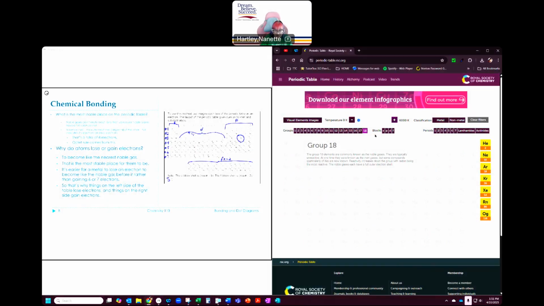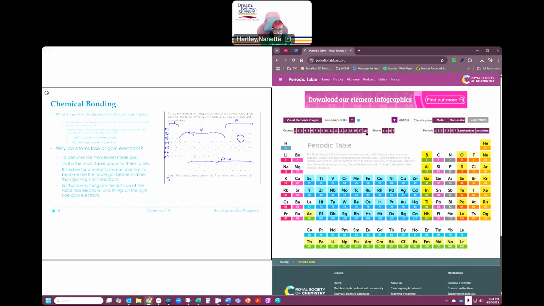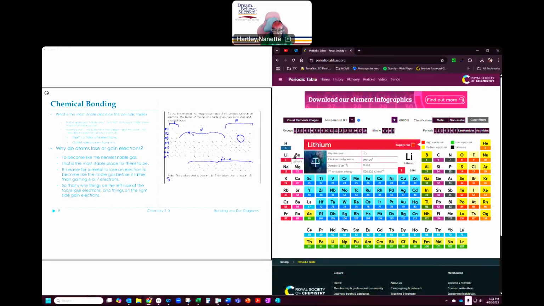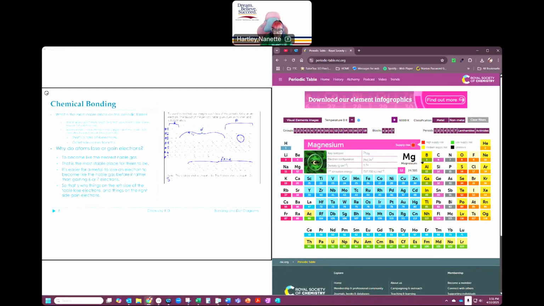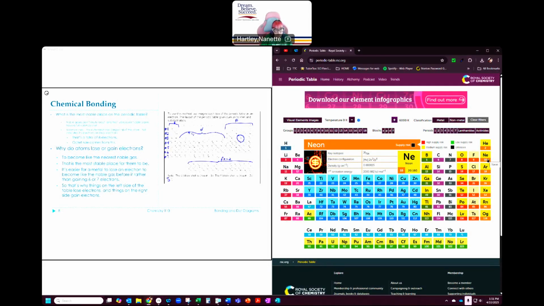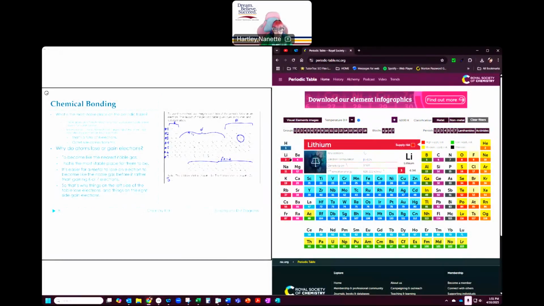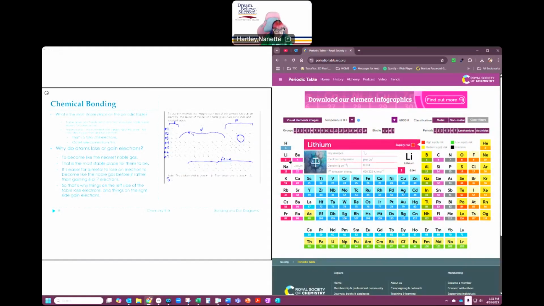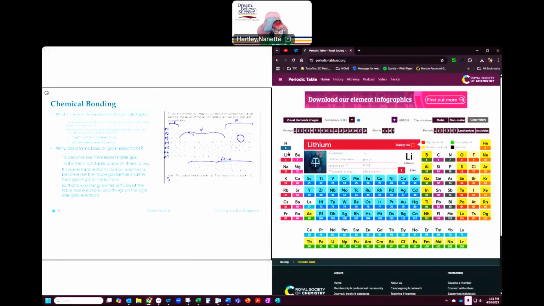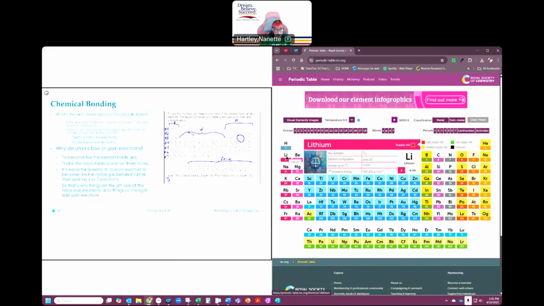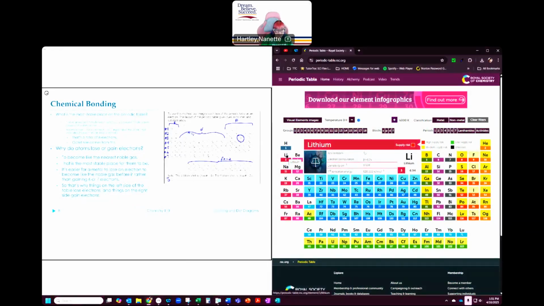They have 2 electrons in the S and 6 electrons in the P, and so they have what we call a stable octet. Everybody wants to have an octet, and that's where the octet rule comes from. That's what we're going to be talking about: how do we get to this octet?